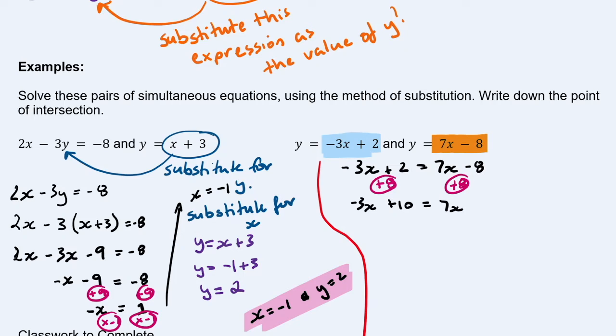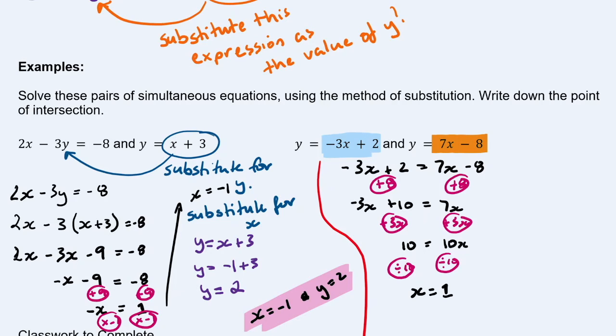Then I'm going to add 3x to both sides. It's going to give me 10 equals 10x. I divide both sides by 10. And I'm going to be left with x equals 1. So I've got x equals 1 for this one.